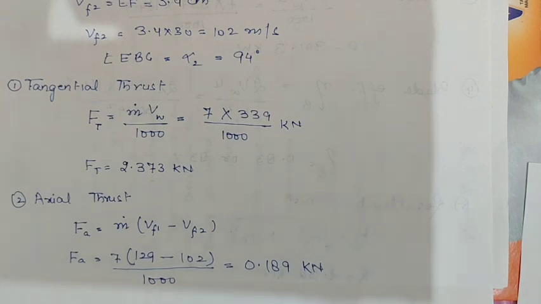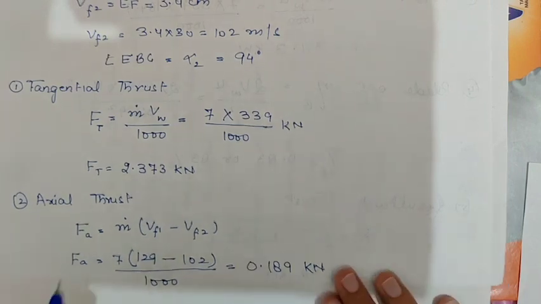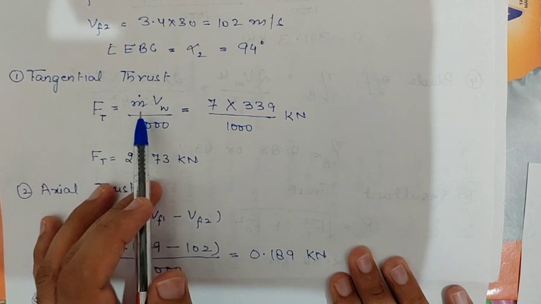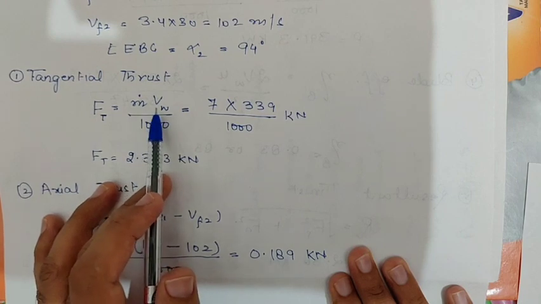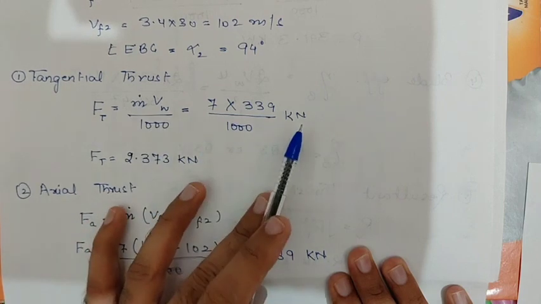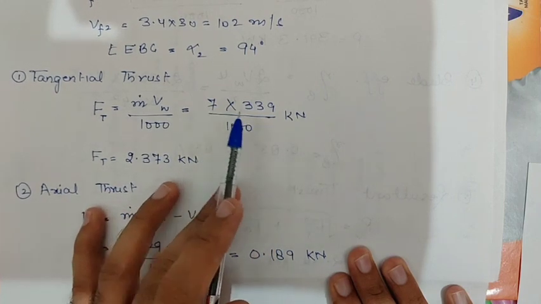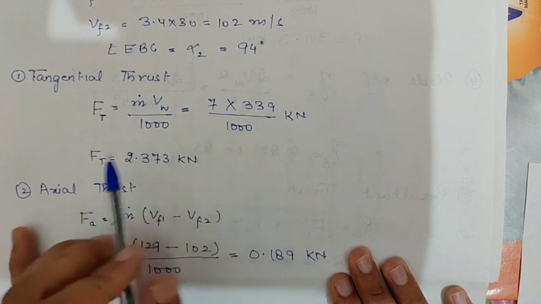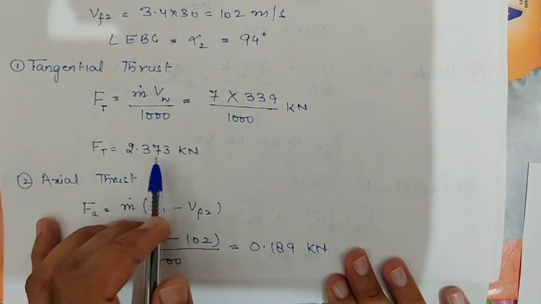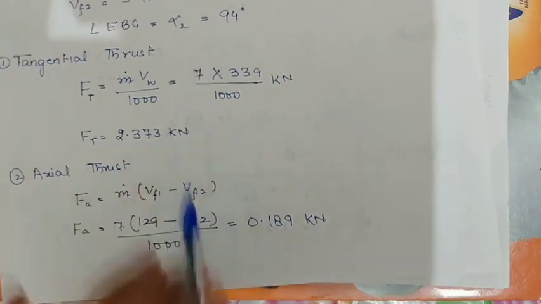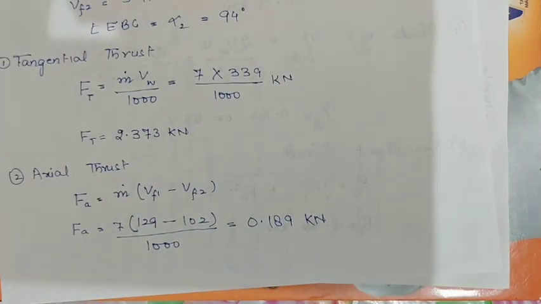Now we have to find the tangential thrust. The formula of tangential thrust is Ft equals m dot VW divided by 1000. I divide by 1000 because we have to find it in kilonewton. So 7 into VW, the value of VW is 339, divided by 1000. So Ft is 2.373 kilonewton. This is the value of tangential thrust.